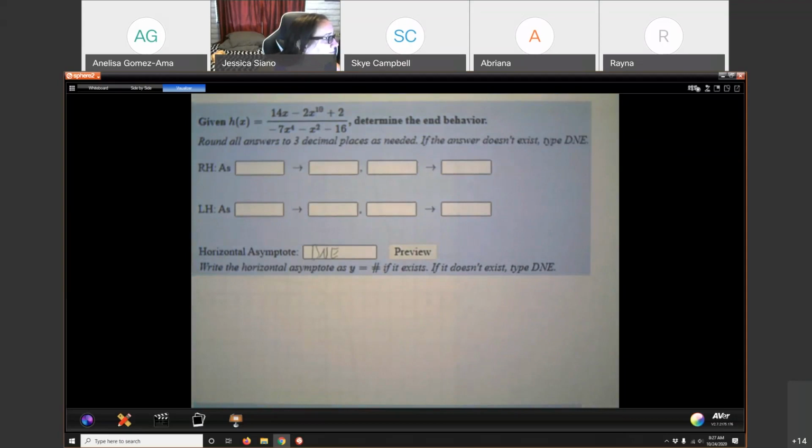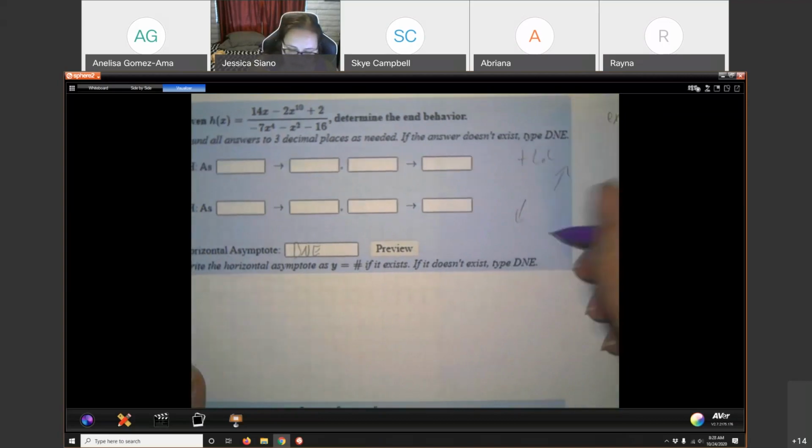Again, I'm just double checking and being 100% sure that I'm telling you guys the right thing. Yes. Then you use the same general rules that you do for polynomials. So if you have a positive leading coefficient, then you're going to wind up down on one side, up on the other. And if you have a negative leading coefficient, then you're going to wind up down and down.